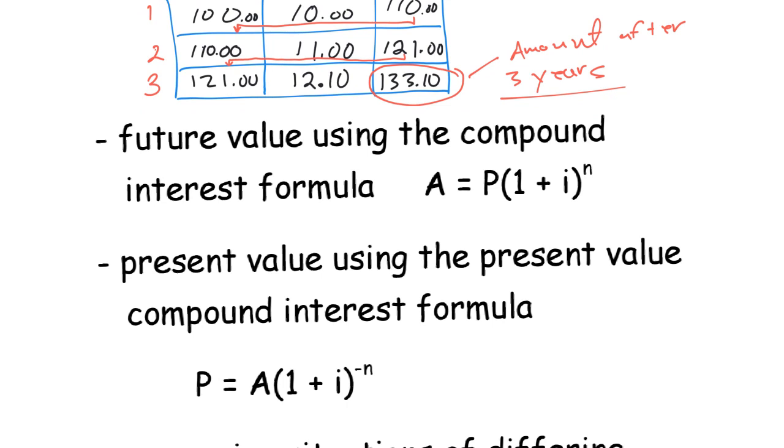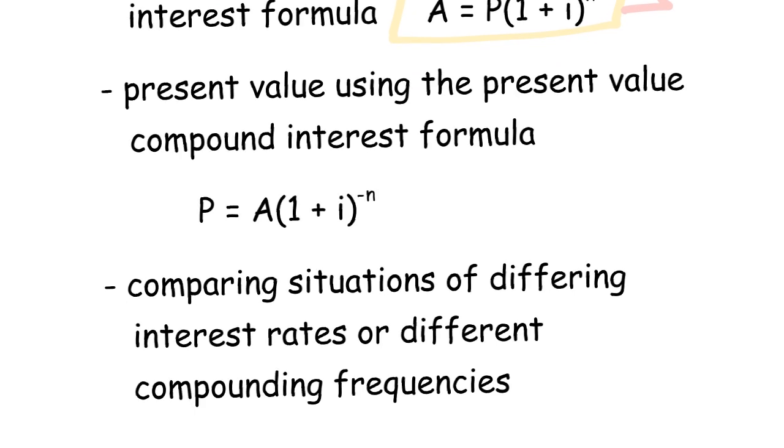Now, the next concept that you have to be able to do is figure out the compound interest using this basic calculation, which essentially just gets us the final value in our table rather than doing all the work. It just gives us the final answer. Now, the last thing that we did was we took a moment to find out what our compound interest formula was when we were looking for what we call the present value.